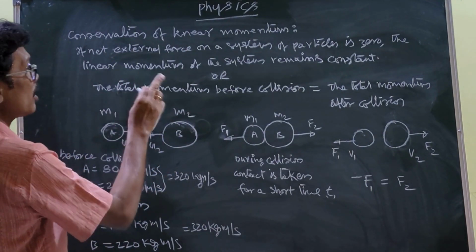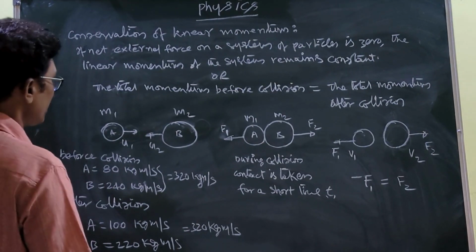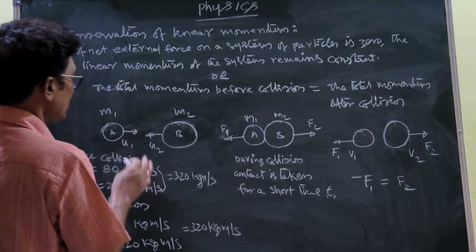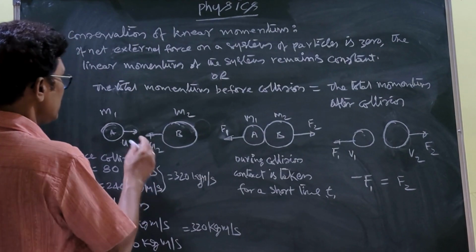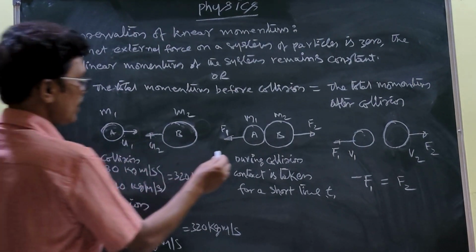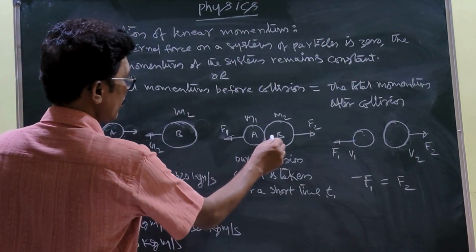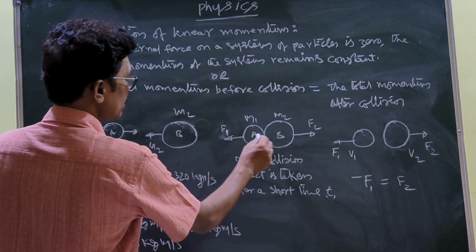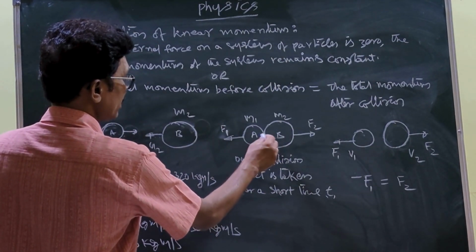The linear momentum of the system remains constant. How can we understand this statement? They are moving in these directions, but at one instant they collide.